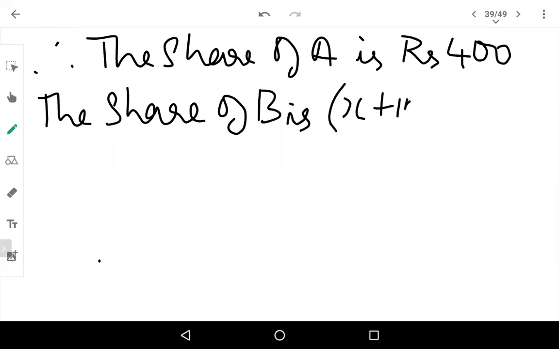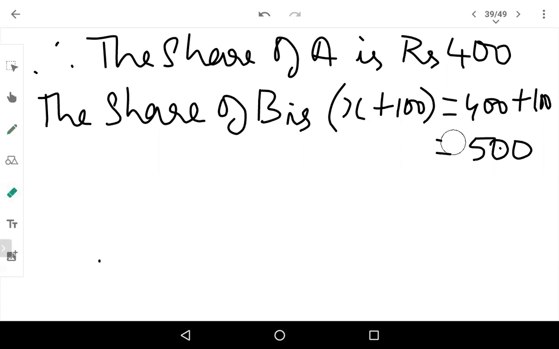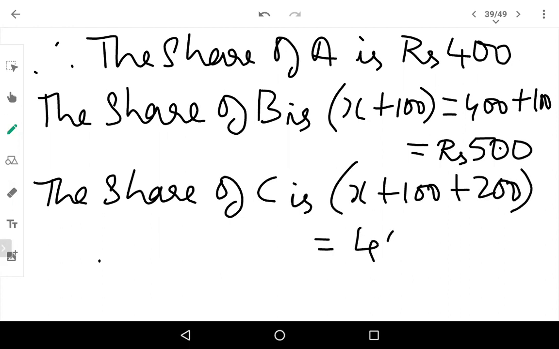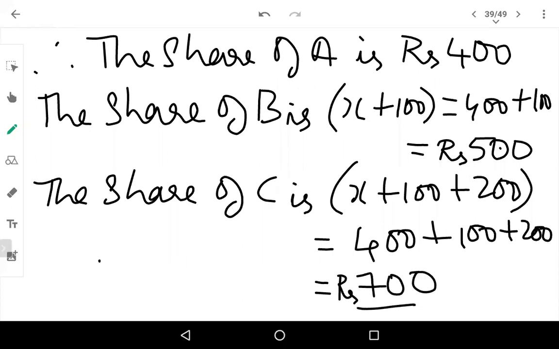X plus 100, 400 plus 100, which is equal to rupees 500. And lastly, the share of C is X plus 100 plus 200, which is 400 plus 100 plus 200, is equal to rupees 700.